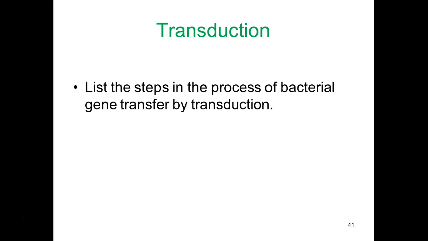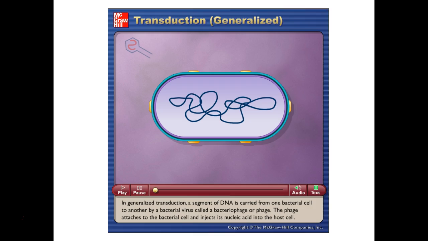Everyone okay on transformation? Okay. So then the next is transduction. So again, we've got to have a recipient, and unfortunately in this story, the donor dies. The DNA is going to come from somewhere, right? The donor. In this case, he's going to die. What's going to kill him? Or her?